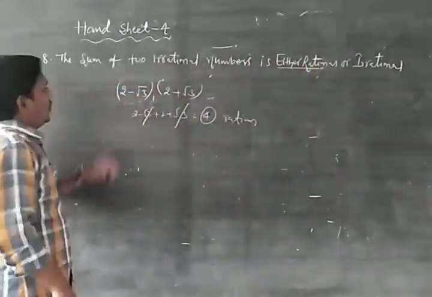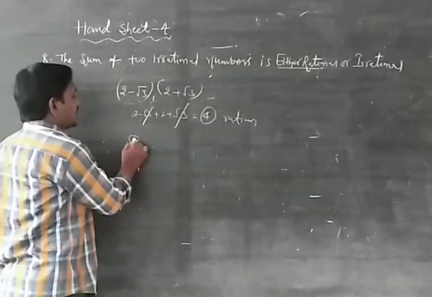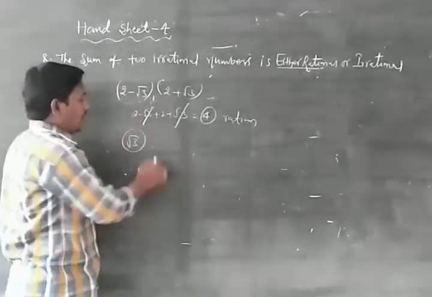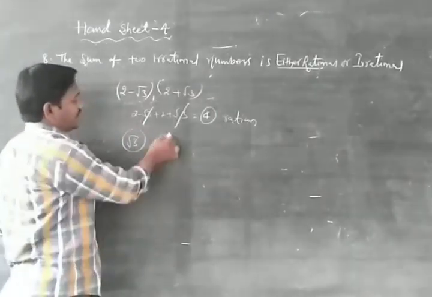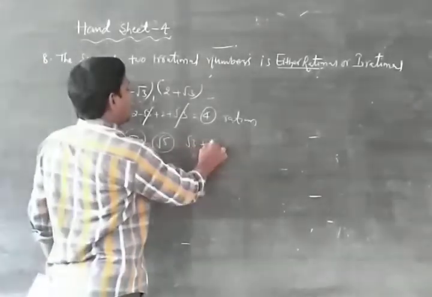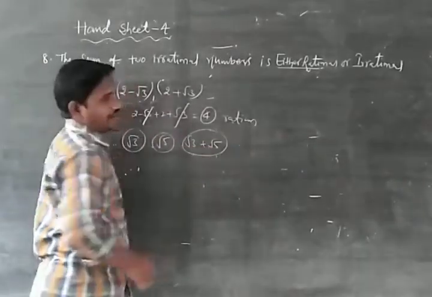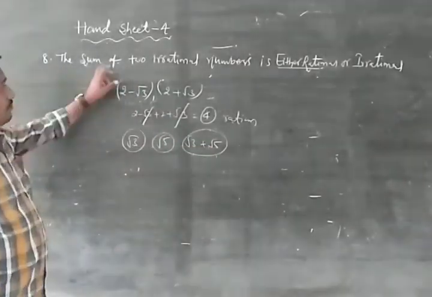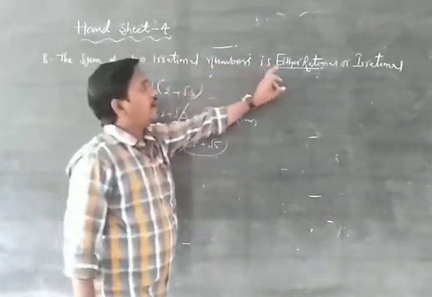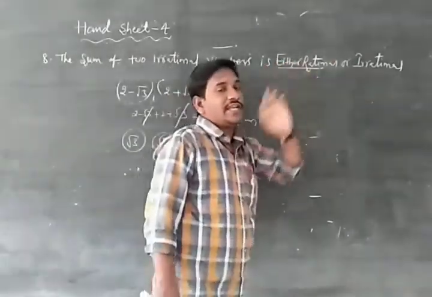Like root 3 is an irrational number. Root 5 is also an irrational number. Root 3 plus root 5 is an irrational number. So that's why the sum of two irrational numbers is either rational or irrational.